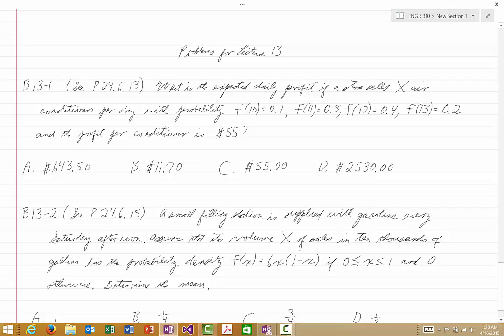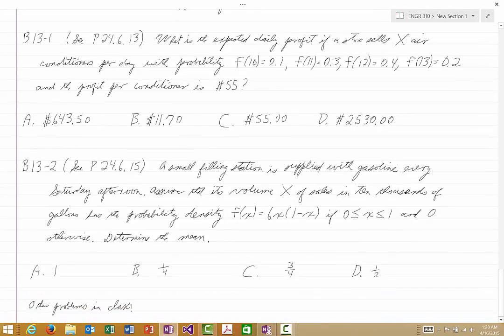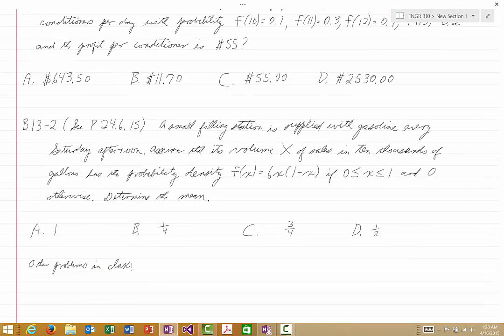And the choices are A, $643.50, B, $11.70, C, $55, and D, $2,530.